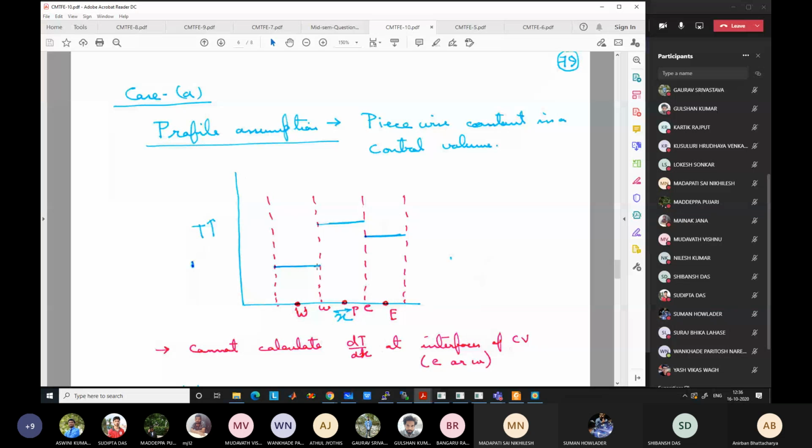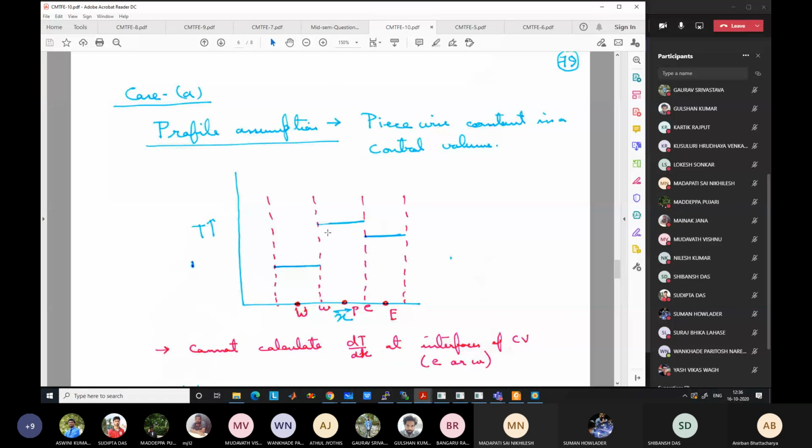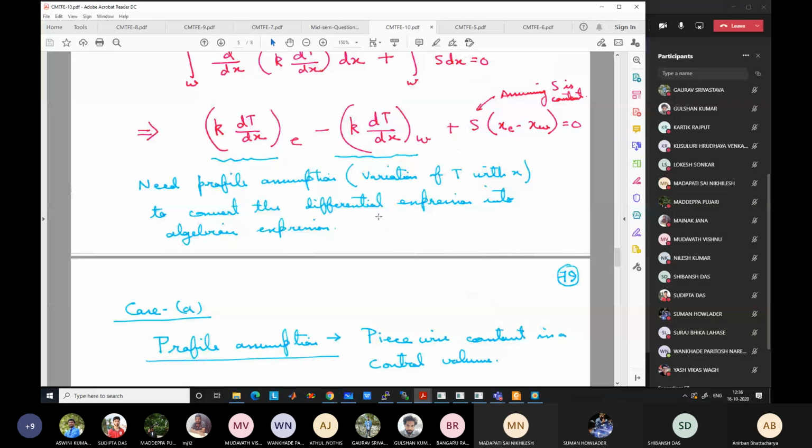This assumption, that the variation within the control volume is constant, is not acceptable for resolving the derivative terms k dT/dx at east and west. We cannot calculate dT/dx at the interfaces of the control volume based on this.